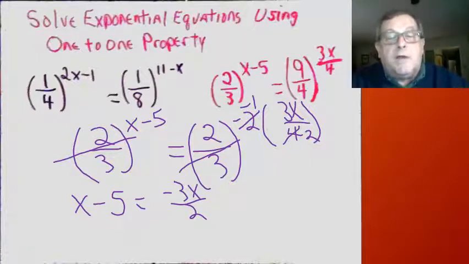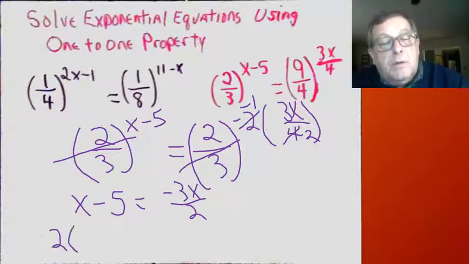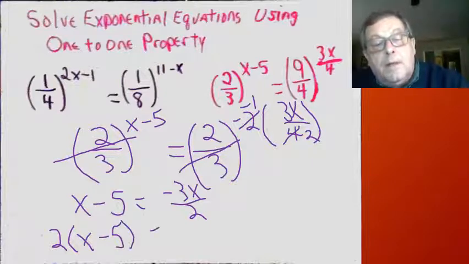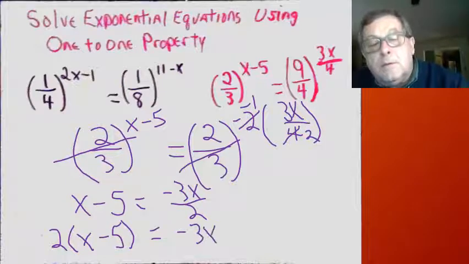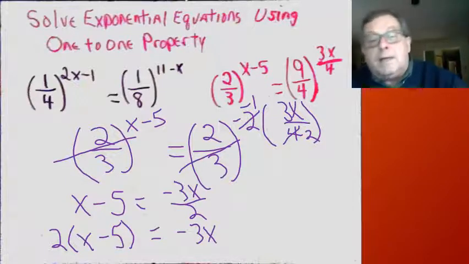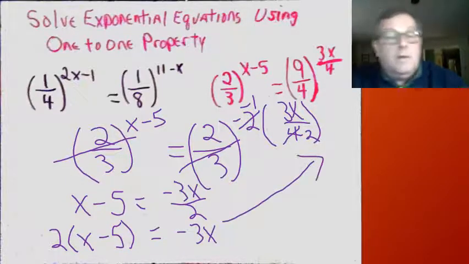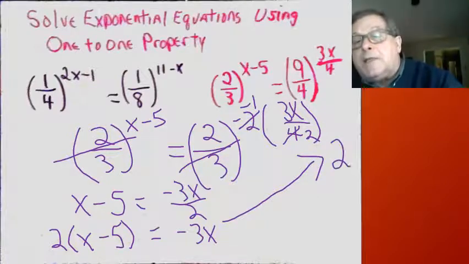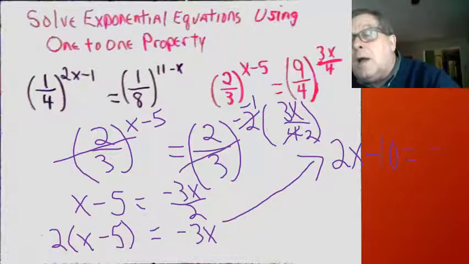Okay, so we're still trying to solve for x. Well, now I can multiply through by 2: 2 times x minus 5 equals minus 3x. And let's distribute this up here. So now I've got 2x minus 10 equals minus 3x.